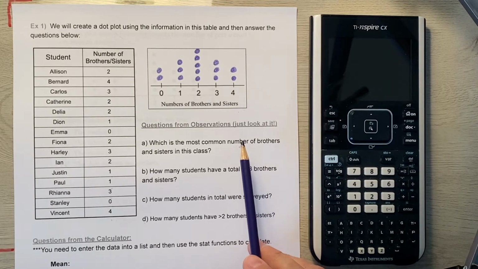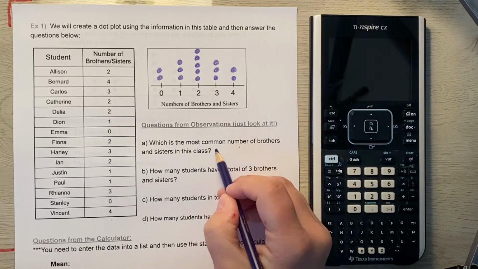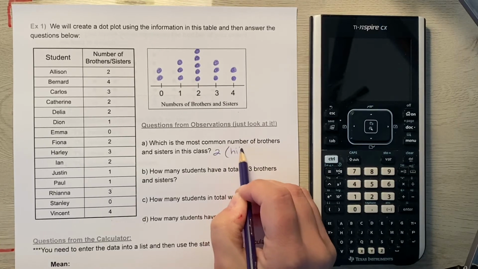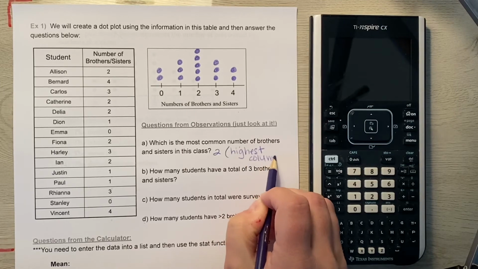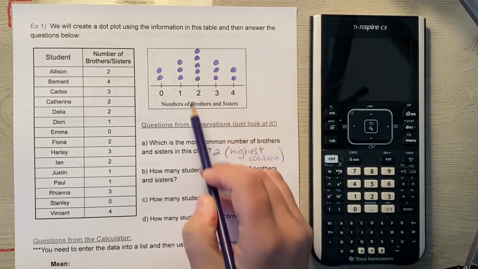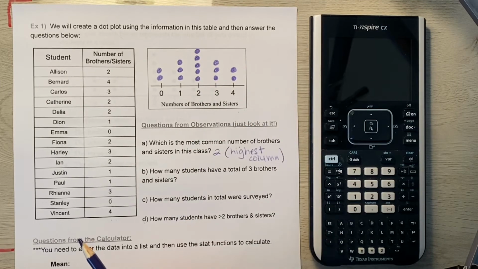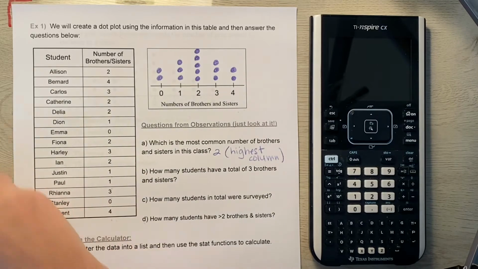Well, which one has the greatest amount of dots? It would be 2, because it's the highest column. So this right here gives you a pretty quick picture of the most common number of brothers and sisters in this class.